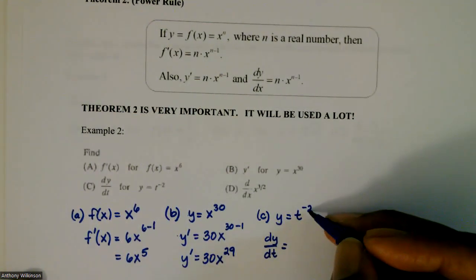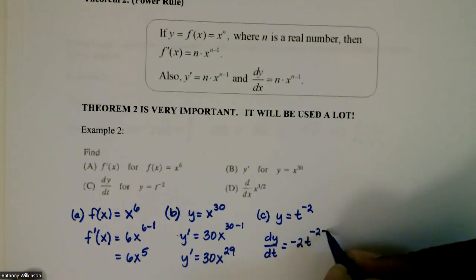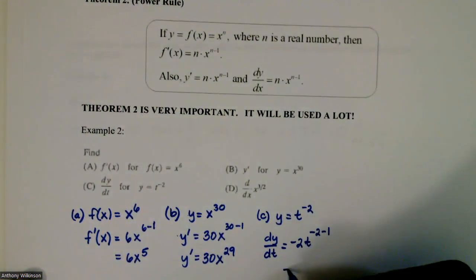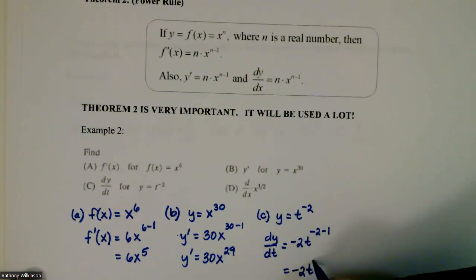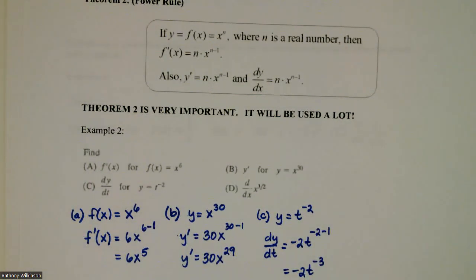We bring that negative 2, which is our power, in front. So it'll be negative 2. Copy over the t to the 1 less power. So it'll be negative 2 minus 1. And when you do negative 2 minus 1, you're going to get negative 3. So this will be negative 2 times t to the negative 3rd power. That's what dy/dt is.